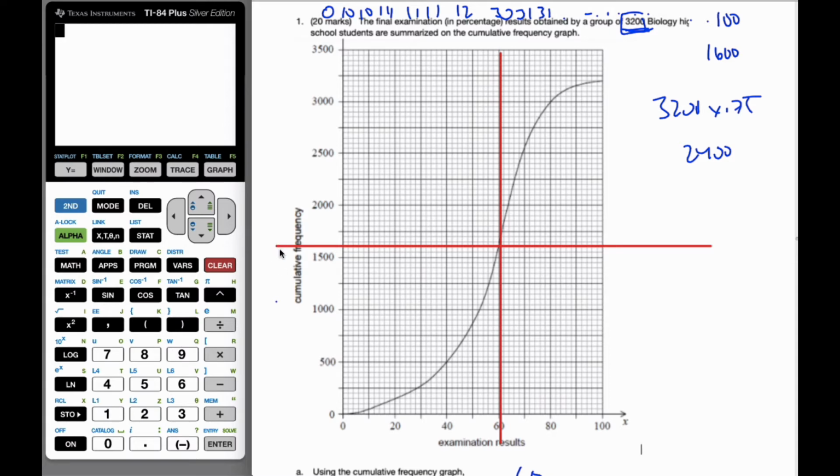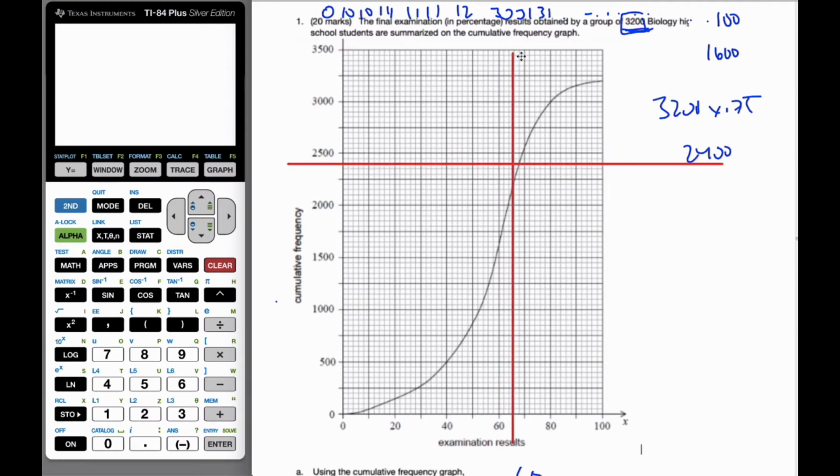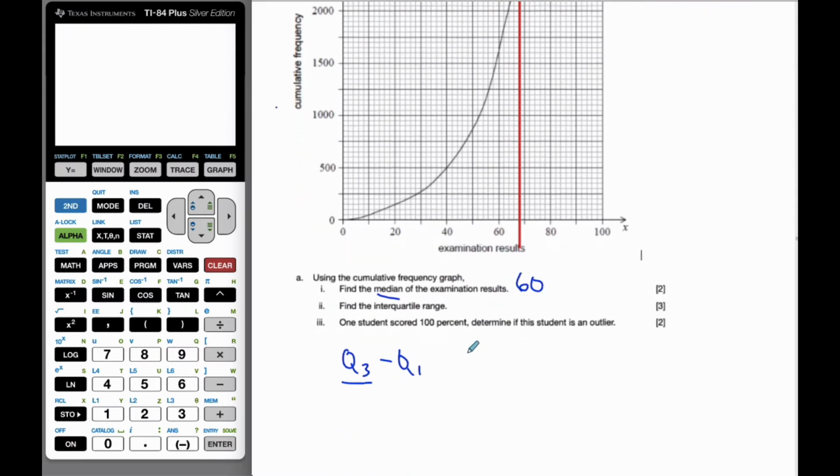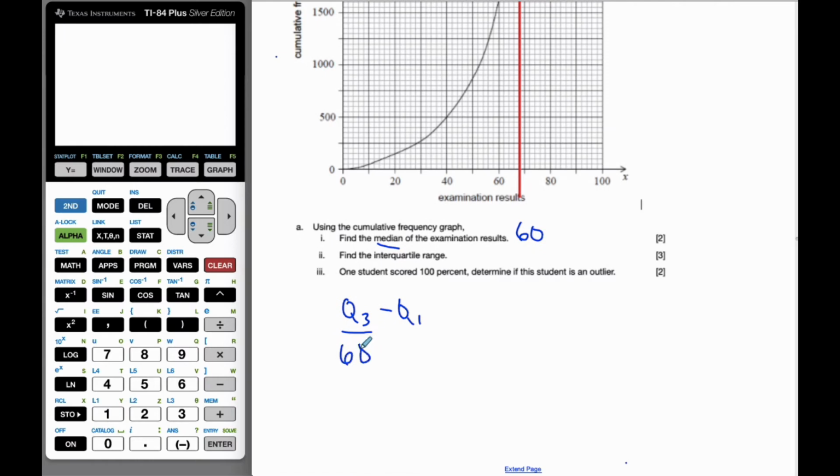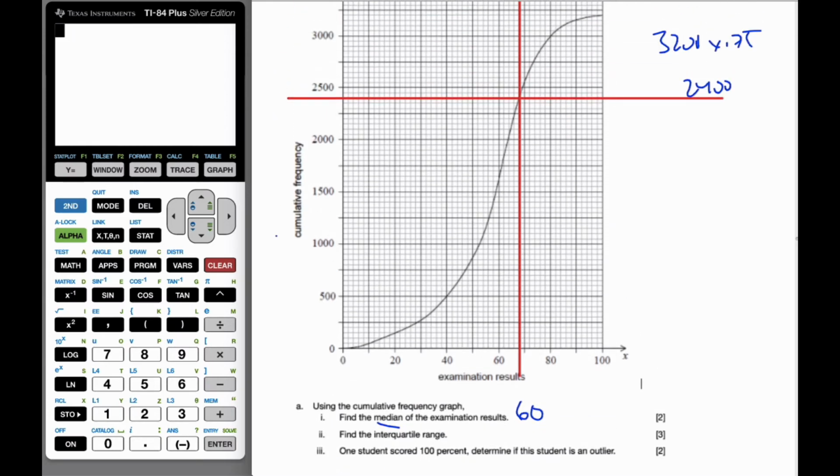If I find him, there's 2,500, go back down 2 squares, and then move over this way. I can see that's 60, that's 70, they're going by 2, so that's going to be 68. My Q3 is 68.